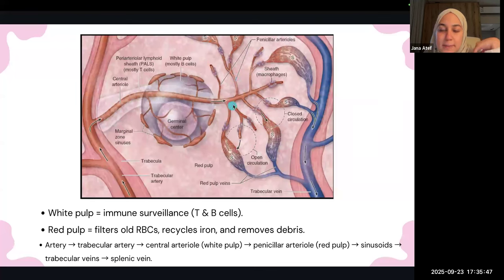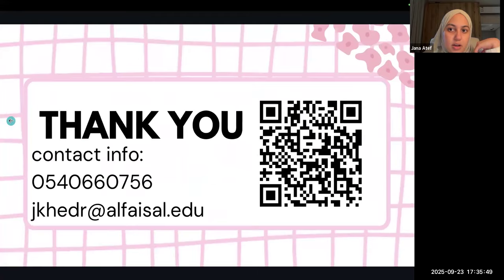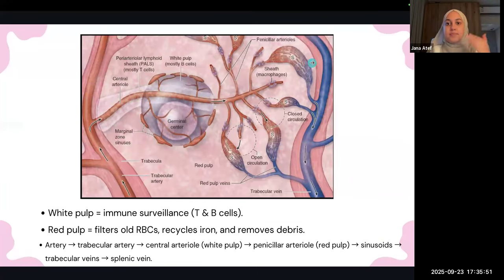Now the penicillar arteriole, this is where the blood is going to leave. There's two ways it's going to leave. It's in your slides, honestly it's not that high yield, so I'm going to explain it to you just by talking. I'll include it in the slides later. There's something called a closed circulation or an open circulation. The closed circulation is when the penicillar artery goes straight into the sinusoid and it's filtered inside.